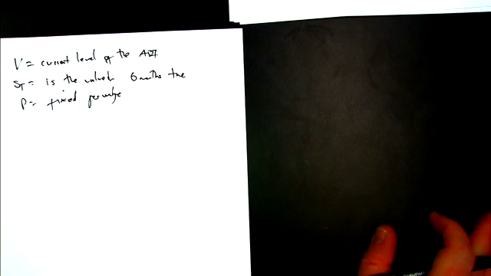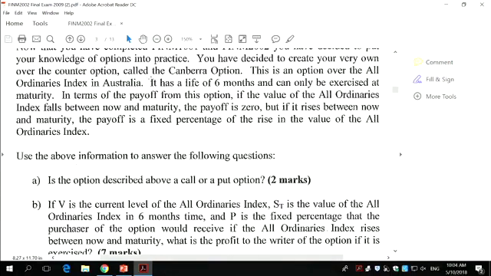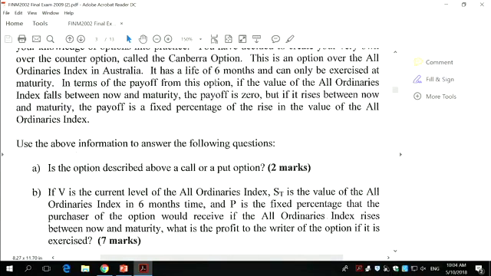Right, so what are you told in the question? You're told with this Canberra option that in terms of the payoff, if it falls, the payoff is 0. But if it rises, the payoff is a fixed percentage of the rise in the value of the All Ordinaries Index.